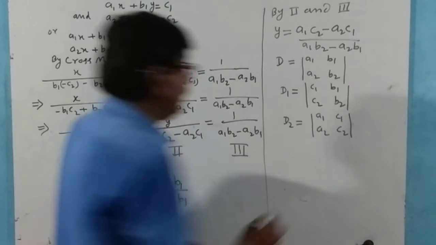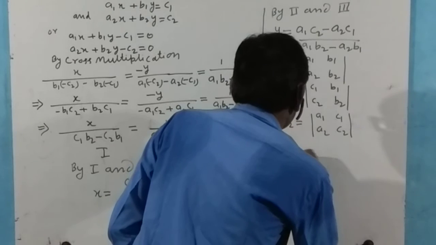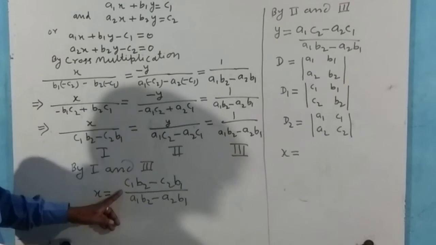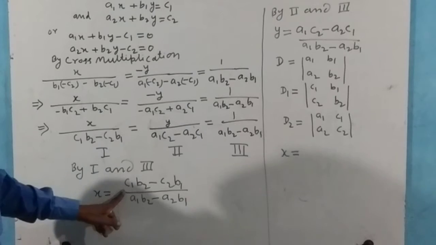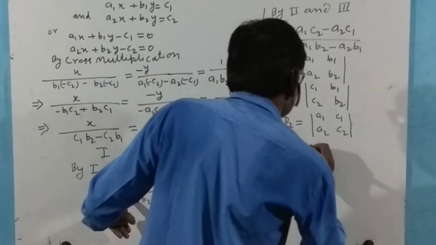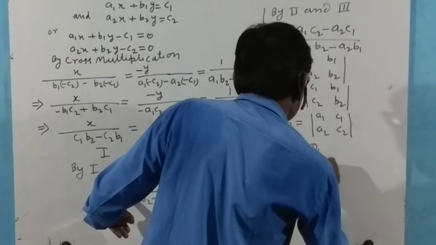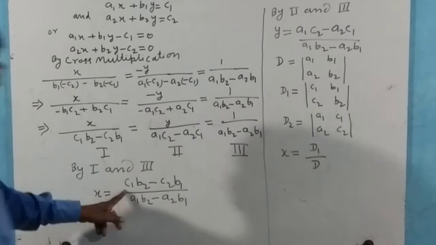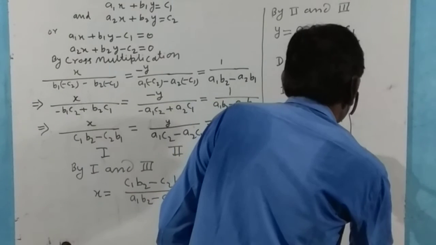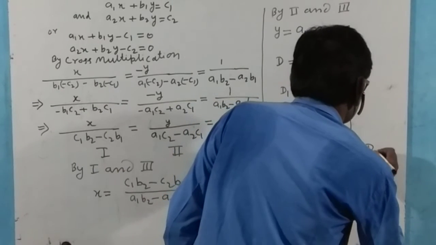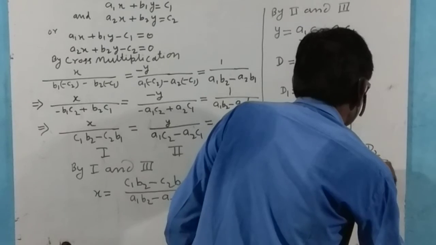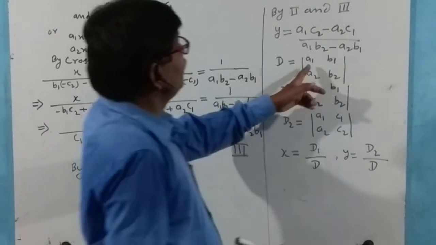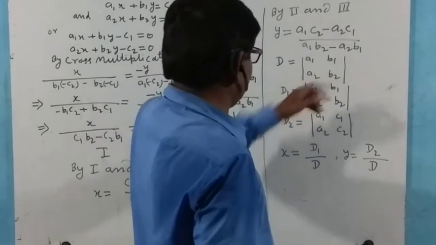Now x equal to D1 by D, and y equal to D2 by D, where D is equal to a1 b1 a2 b2.